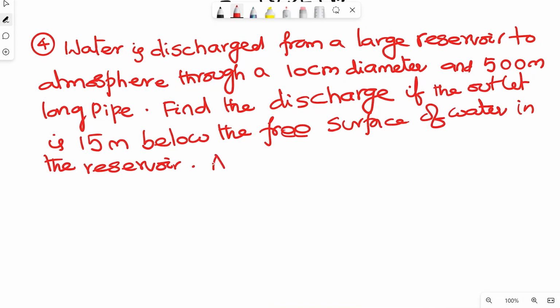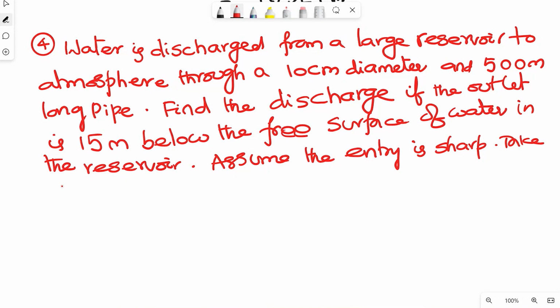Assume the entry is sharp. f is equal to 0.04.